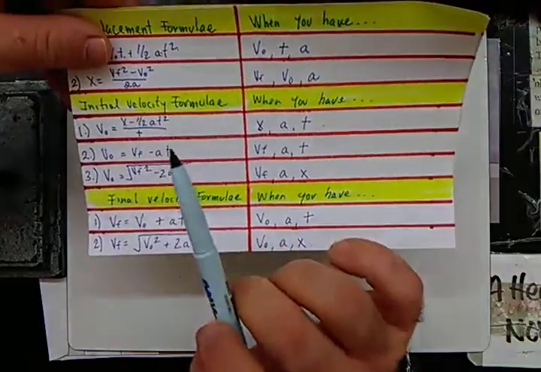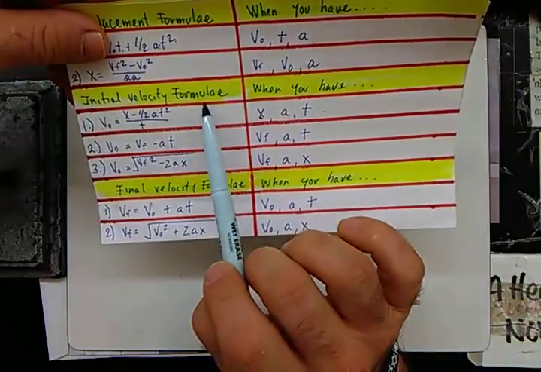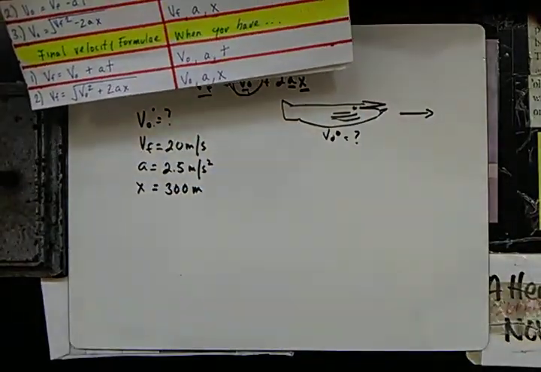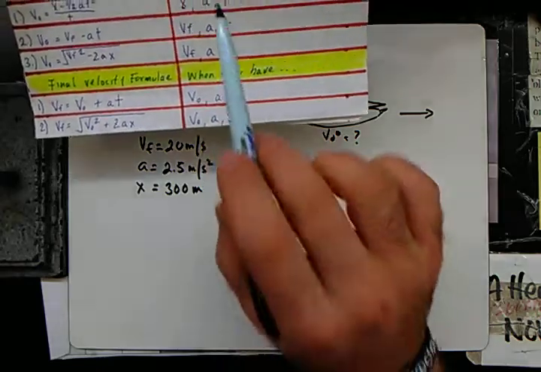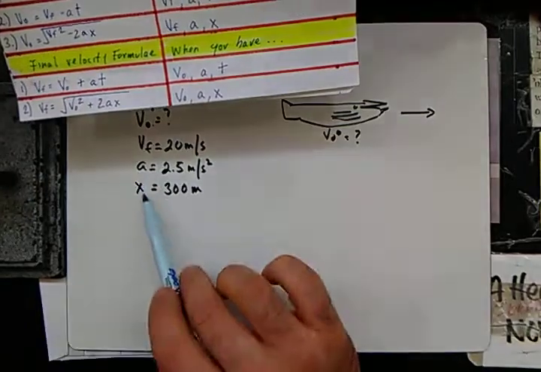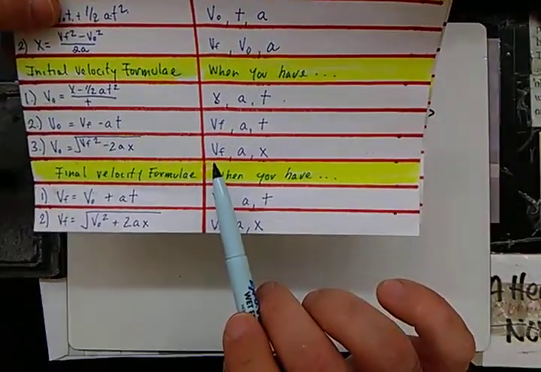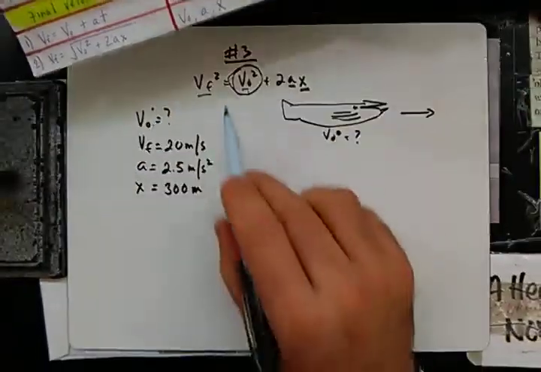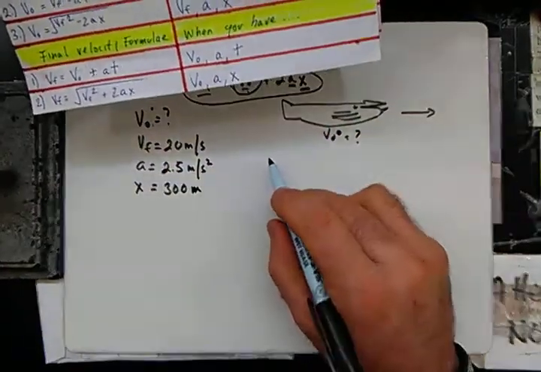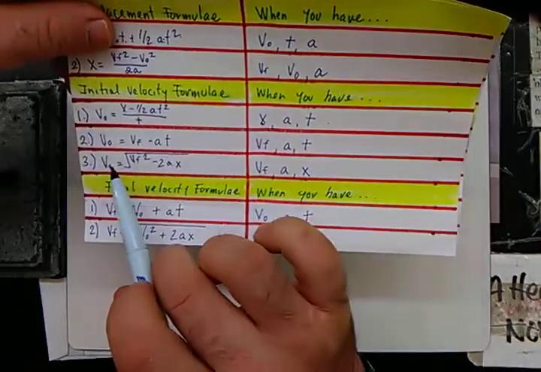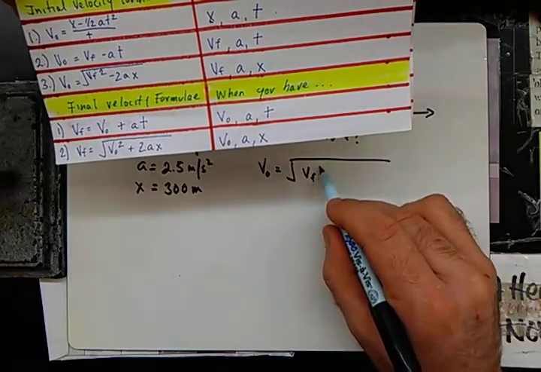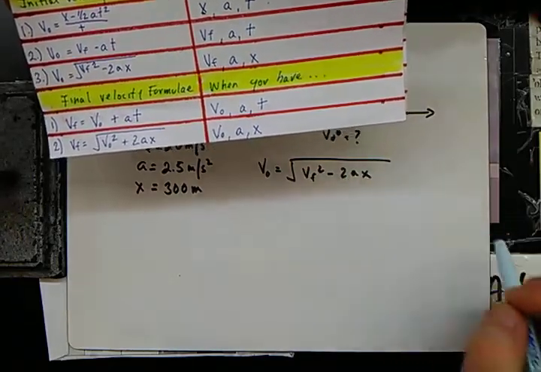Looking for the initial velocity formula, when I have XAT, no, XAVF, no, VFAT, nope, VFAX, I got it. I've taken this kinematics formula and solved it already for initial velocity: the square root of VF squared minus 2AX.